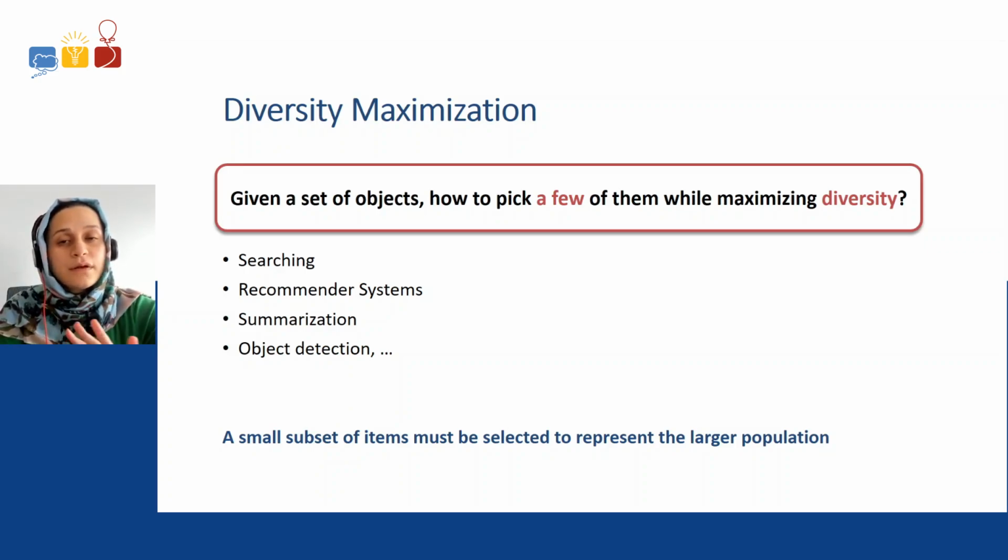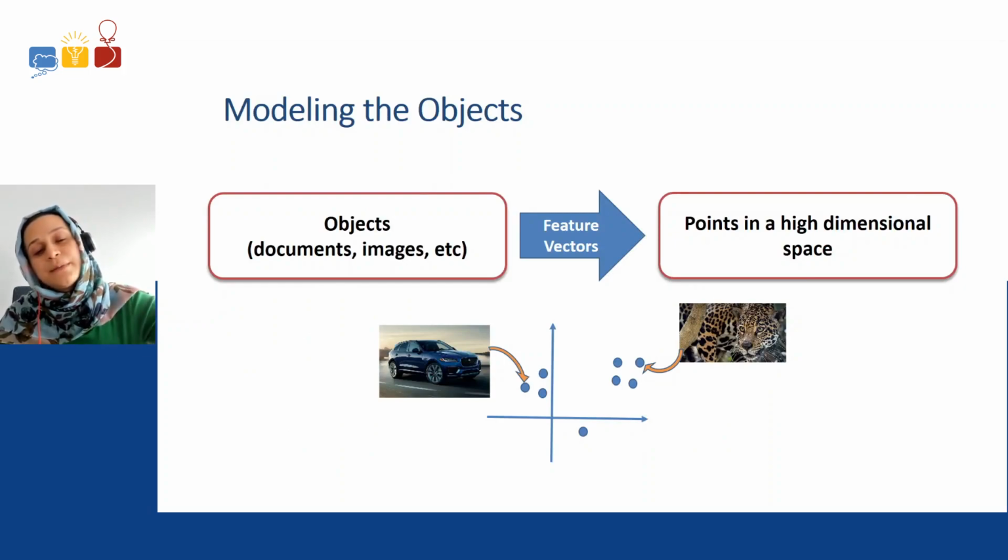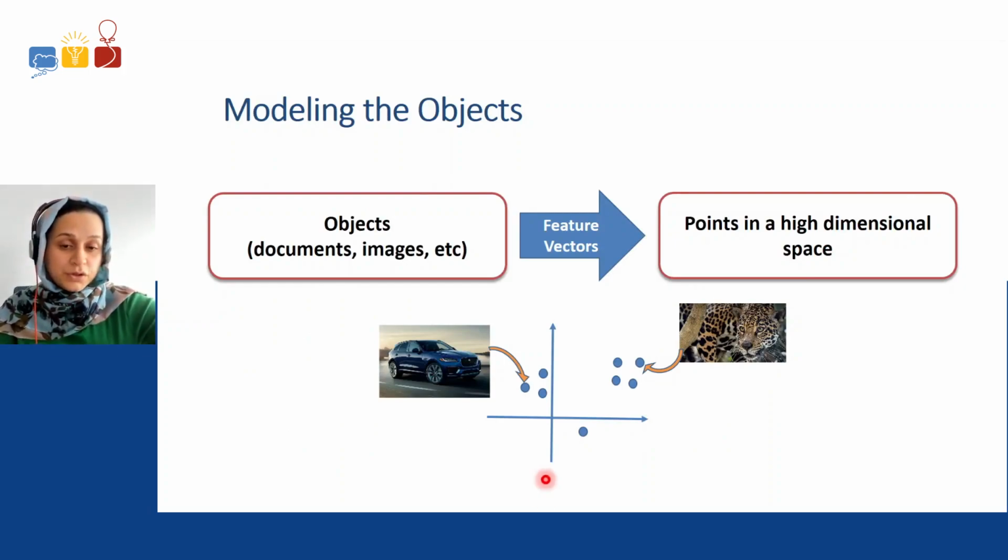And so let's first see how we model such problems. Okay, so for example, we have a set of images. What happens is that we normally map these images or documents, or objects in general, to points in a high dimensional space using their feature vectors.